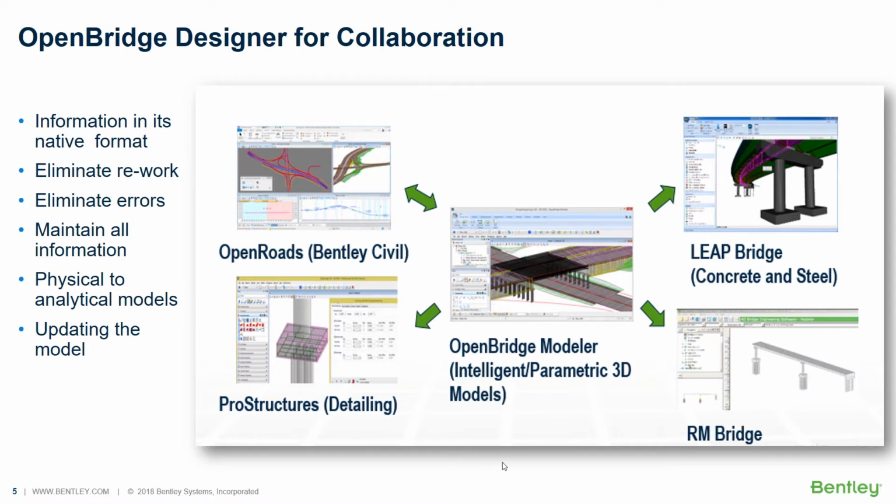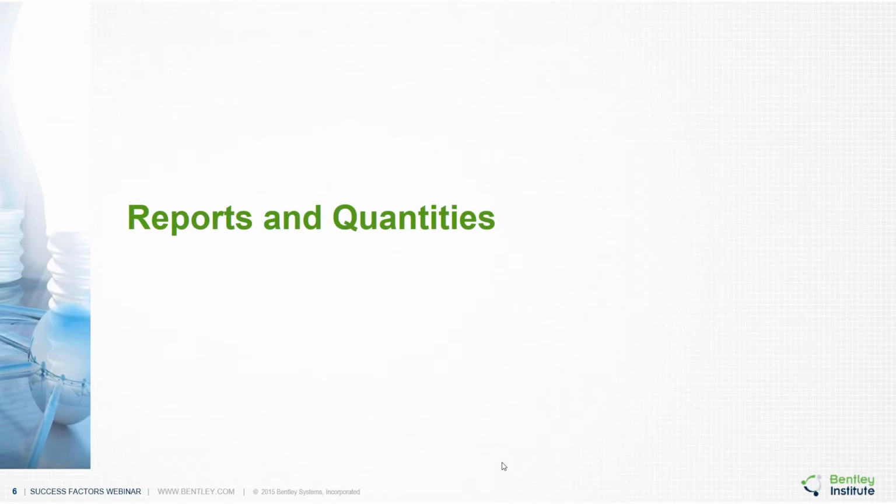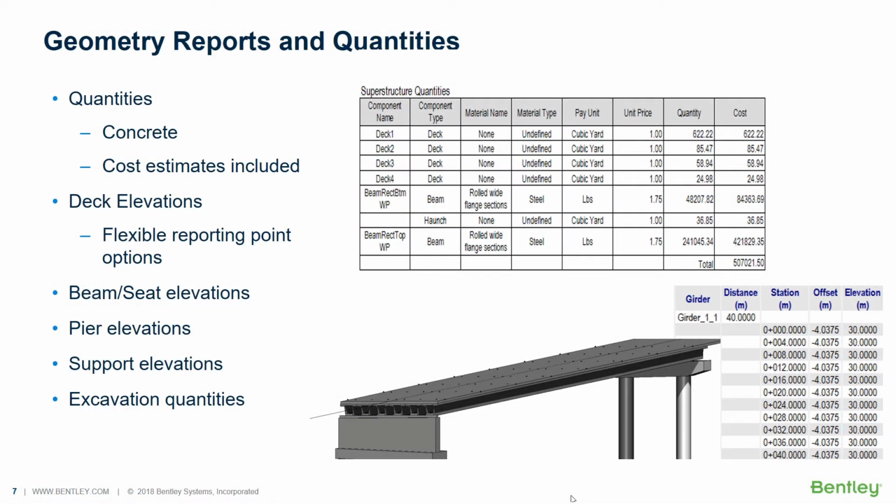Now, on this model, focusing on today's presentation, how do we generate reports and quantities? What can you generate now with this latest release of OpenBridge Designer? We can generate geometric reports and quantities. So we can generate deck elevations, beam seat elevations, pier elevations.